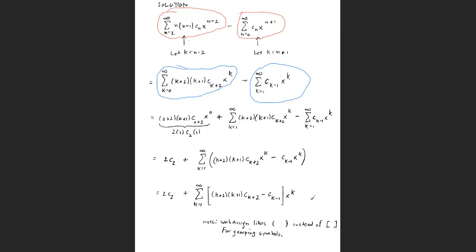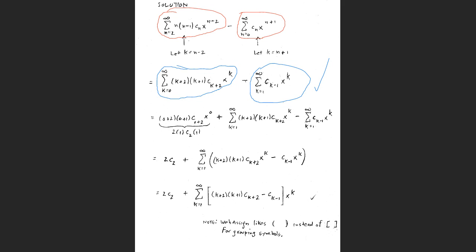Now we want to combine the power series. Well, we can only do what's humanly possible. The first power series starts at k equals 0. The second power series starts at k equals 1.